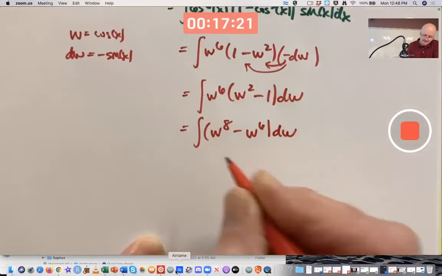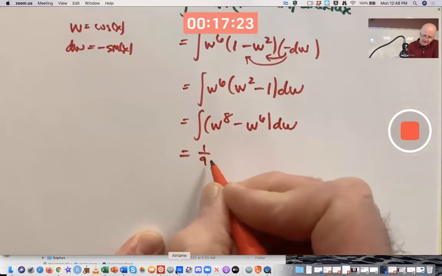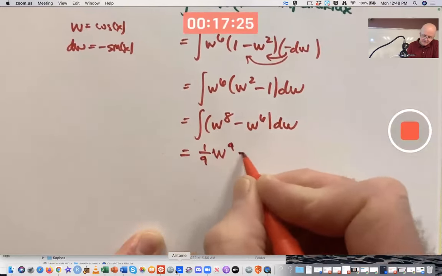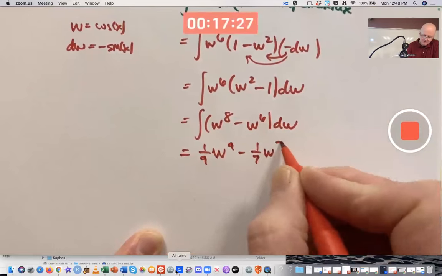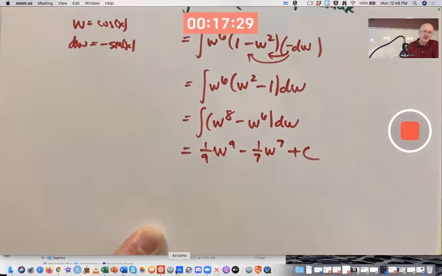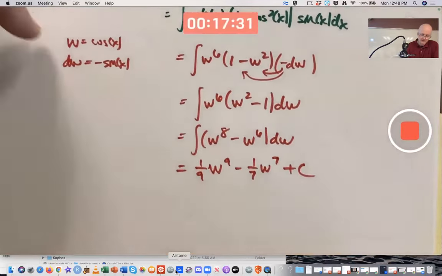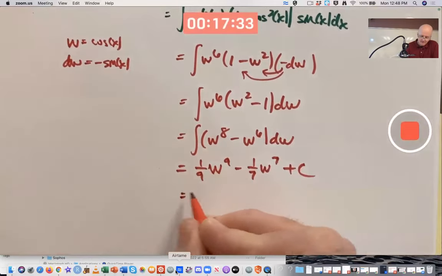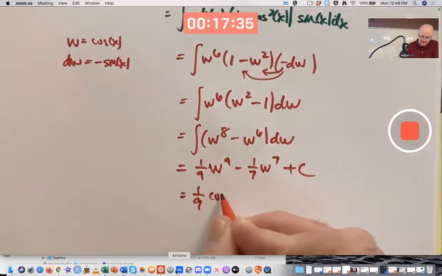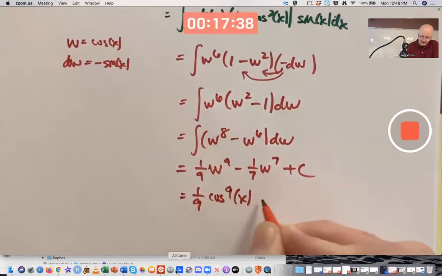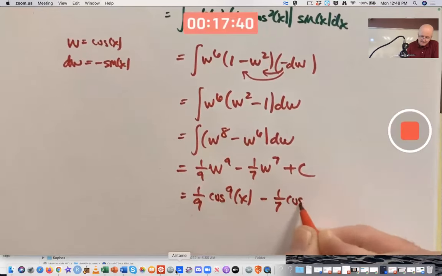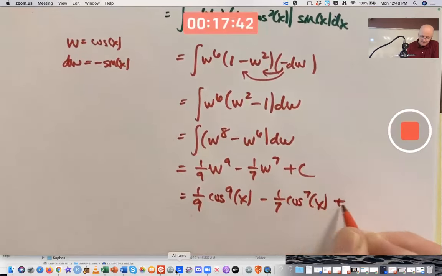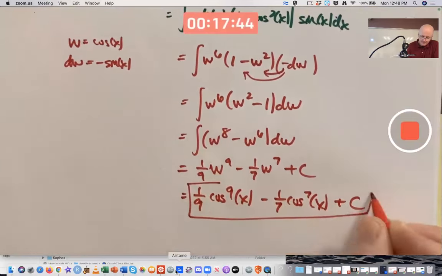That integral is easy to do, to get 1/9 w to the 9th minus 1/7 w to the 7th plus c. Now you're almost done. Replace w with cosine of x: 1/9 cos x to the 9th minus 1/7 cos x to the 7th. There's your answer.